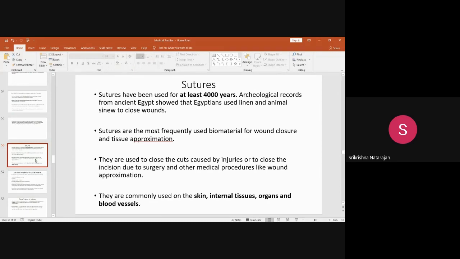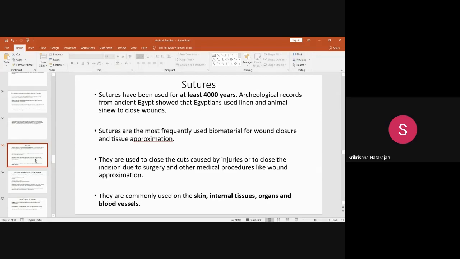The wounds are closed by textile fibers. That is, linen was used a long time ago itself. And also even animal sinews were used. That is, animal tissues were used as a suture.